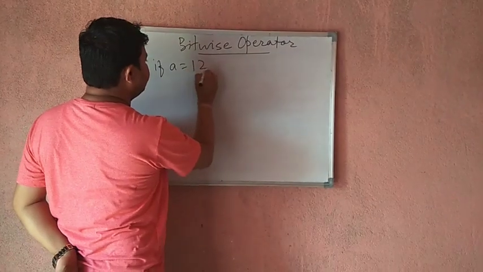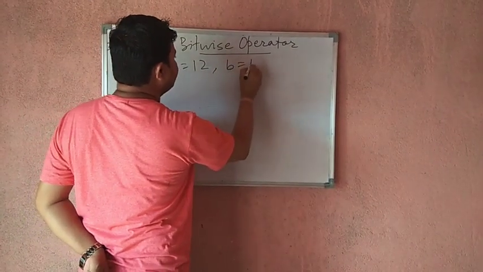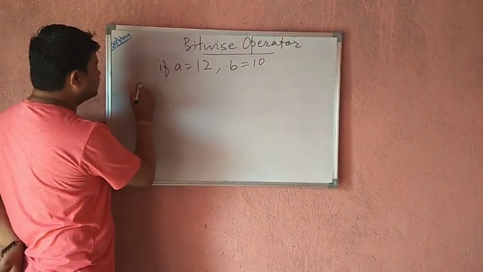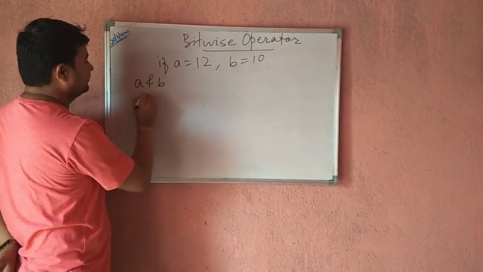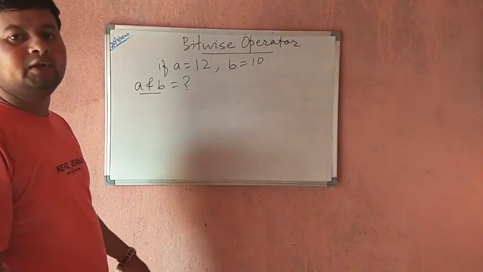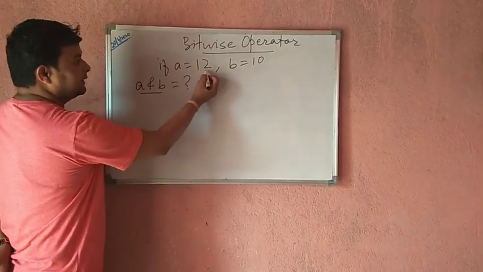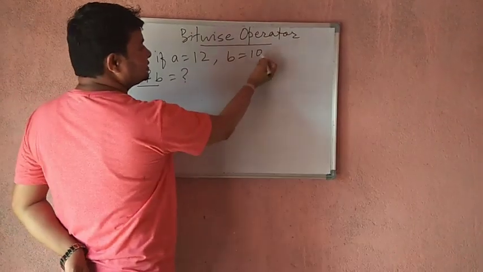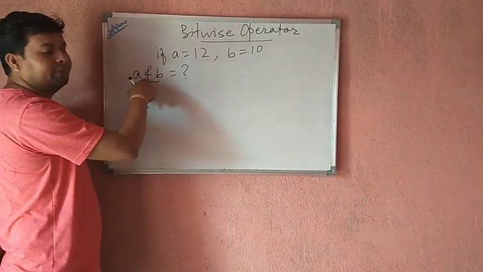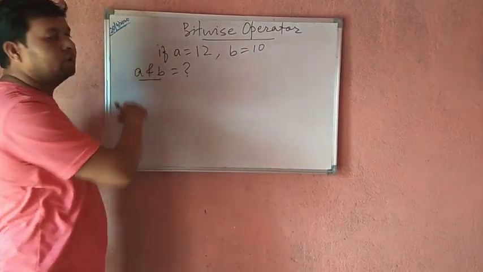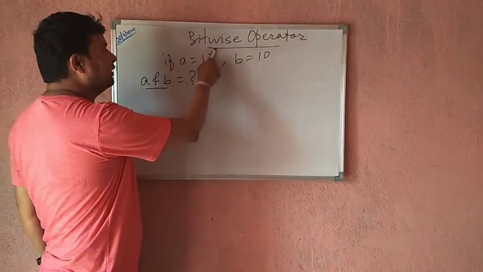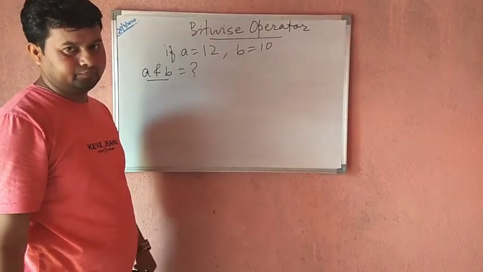A equal to 12, B equal to 10, and we are supposed to find A and B. What will be the answer? Let me tell you how. A represents 12, B represents 10. Since this is a bitwise operator, it should work on bit level. Bit level means we are supposed to convert this into binary form.